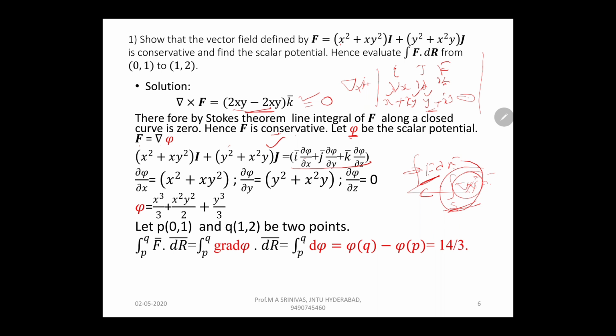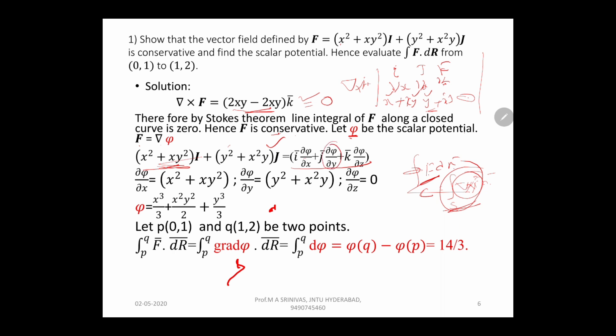So compare the coefficients. Here the i bar coefficient is dou phi by dou x, and in f bar the i bar coefficient is x square plus xy square. Therefore, dou phi by dou x is x square plus xy square.